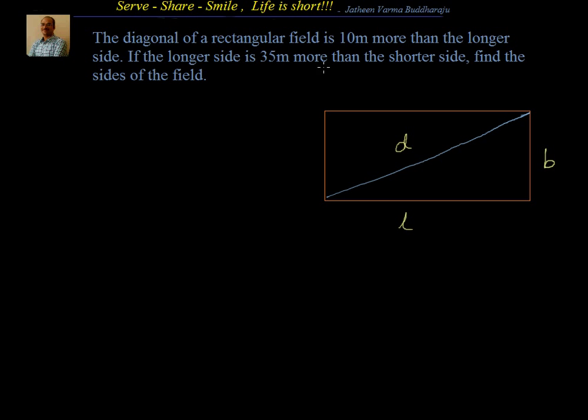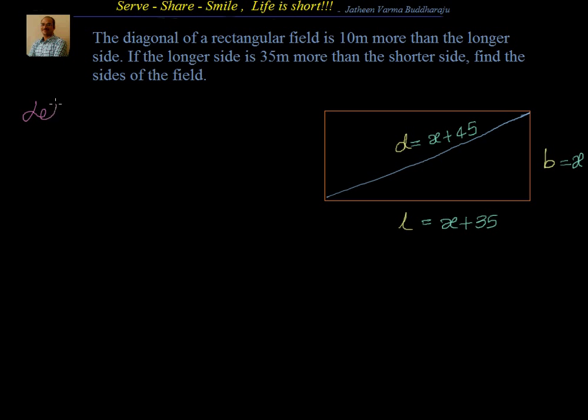If the longer side is 35 meters more than the shorter side, we will take the shorter side as x, then the longer side will be 35 more than the shorter side, so it will become x plus 35. Then what will be the diagonal? The diagonal is 10 meters more than the longer side, so it's nothing but x plus 35 plus 10, that is equal to x plus 45.